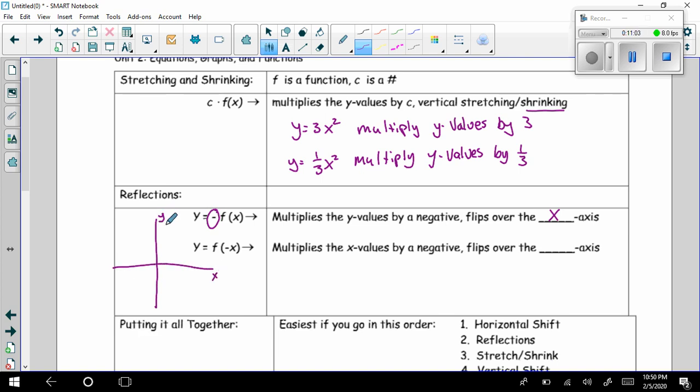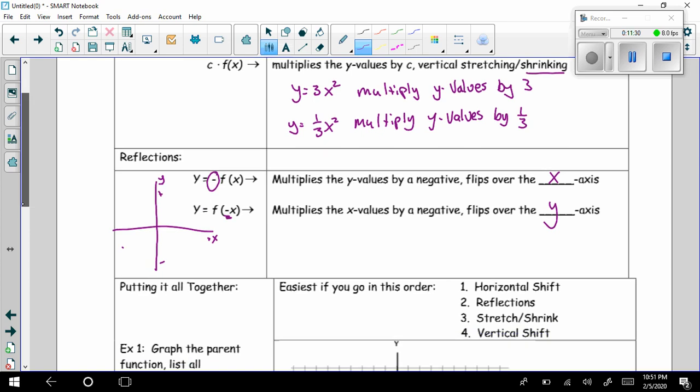So think about your table or your graph while we're doing this. If we flip the y values, we're multiplying everything so that the y is the opposite of what it should be, going from positive to negative or from negative to positive. So we're flipping over the x-axis. If we flip the x value where it's grouped inside, we're going from this side of the graph to this side of the graph. So we're flipping over the y-axis.